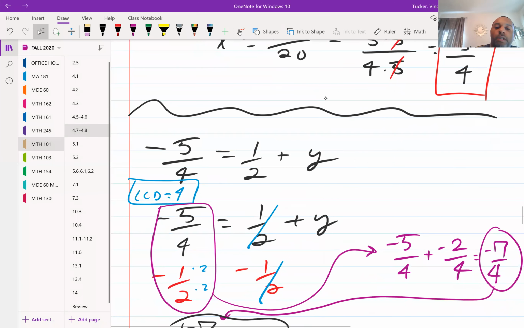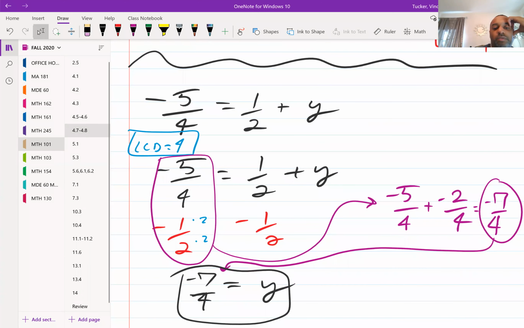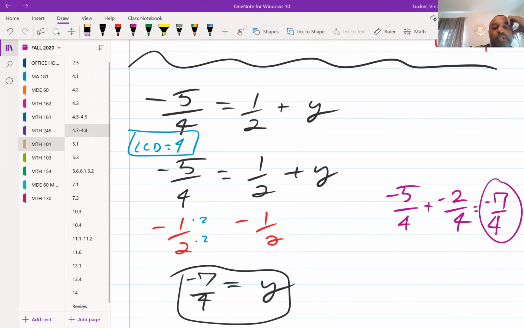All right. So same thing happens here. We have negative 5/4 equal to 1/2 plus y. So we subtract 1/2 from both sides. So what happens over here? They cancel out on the right, so that I can have this y by itself on the right.